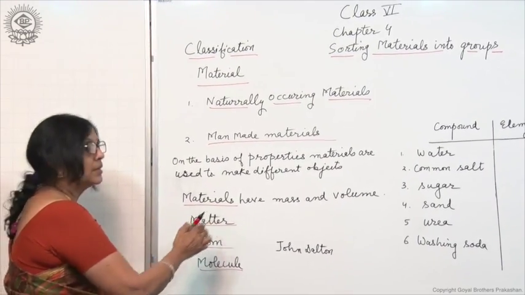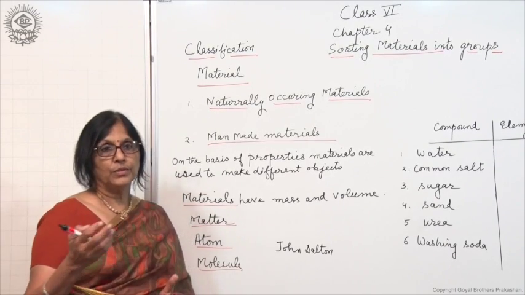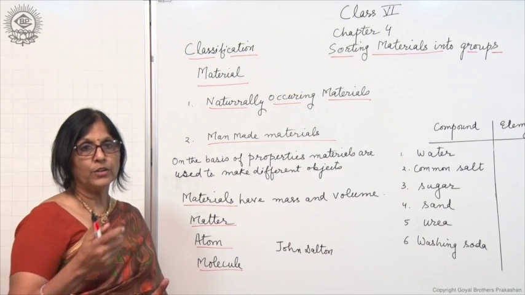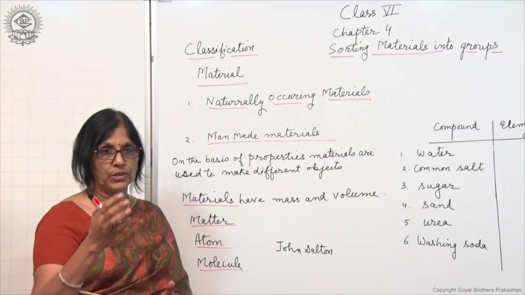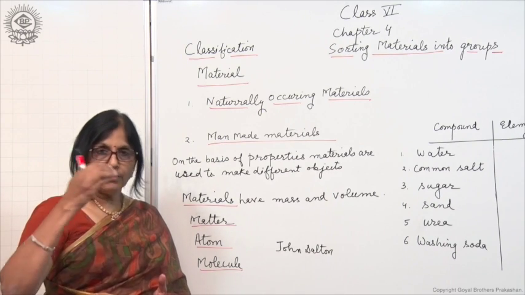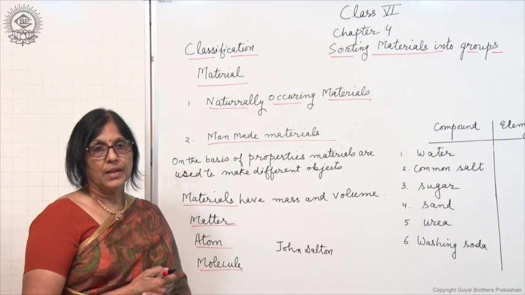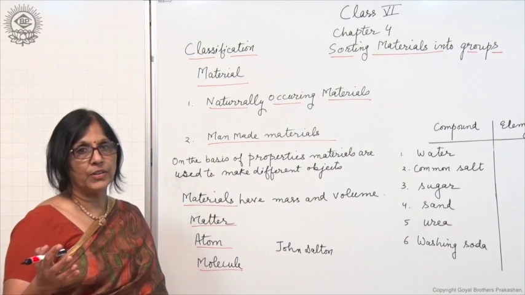Now, what is matter made up of? Suppose you try to break an iron piece into small particles, and go on breaking it into smaller and smaller particles until it cannot be broken further.